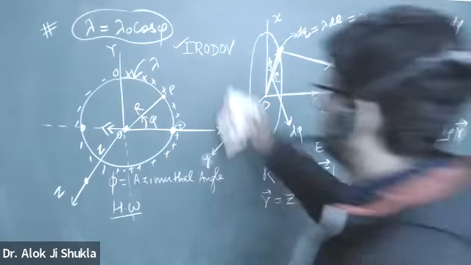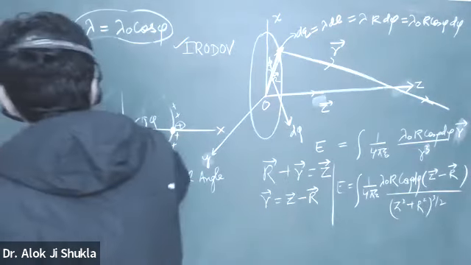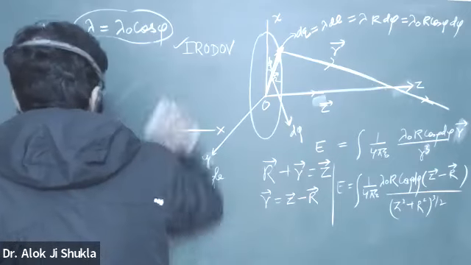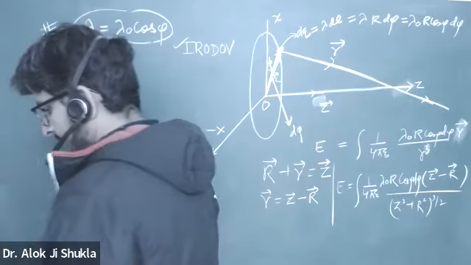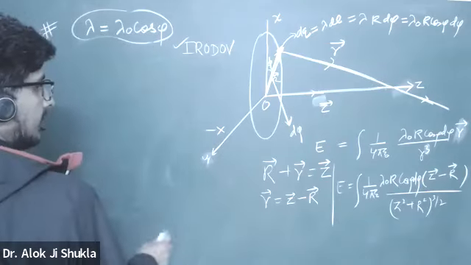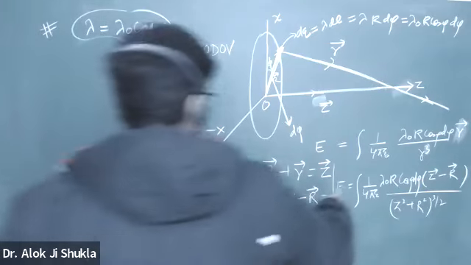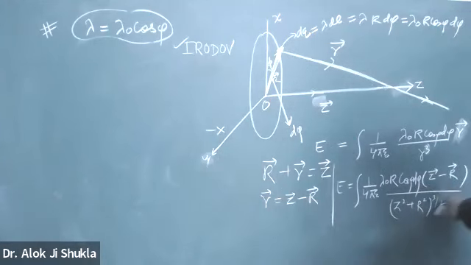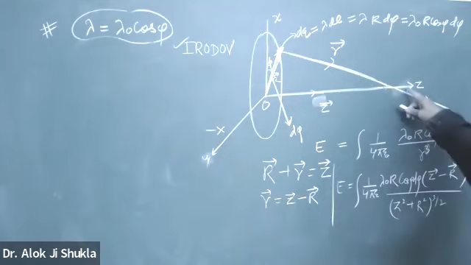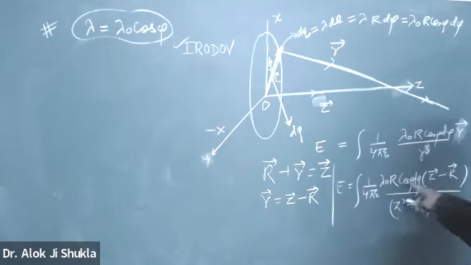And now you just take care of that. अब मुझे integrate करना है d phi के corresponding. So I have to write this all in terms of that. Okay. So Z can't be written. It is separate.